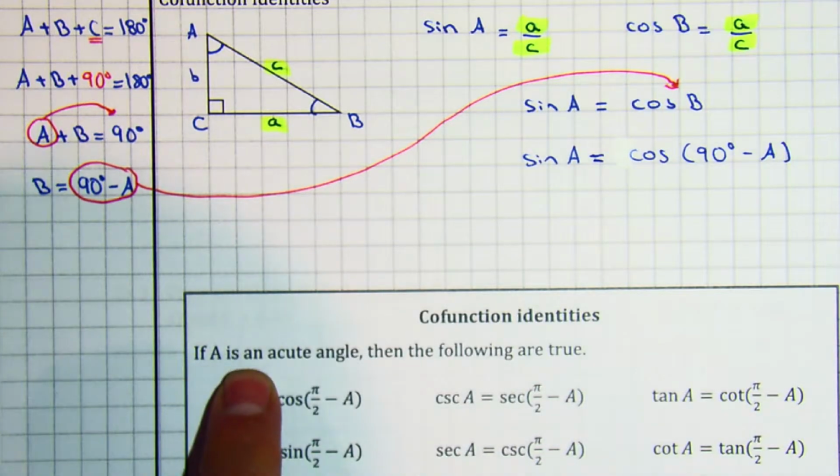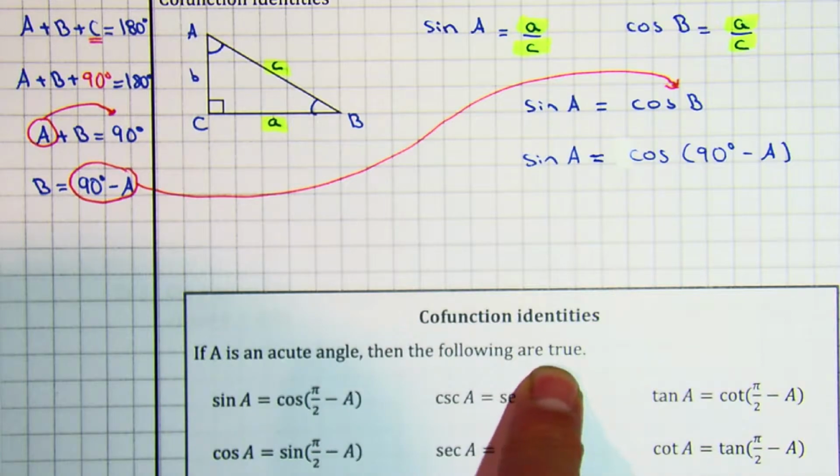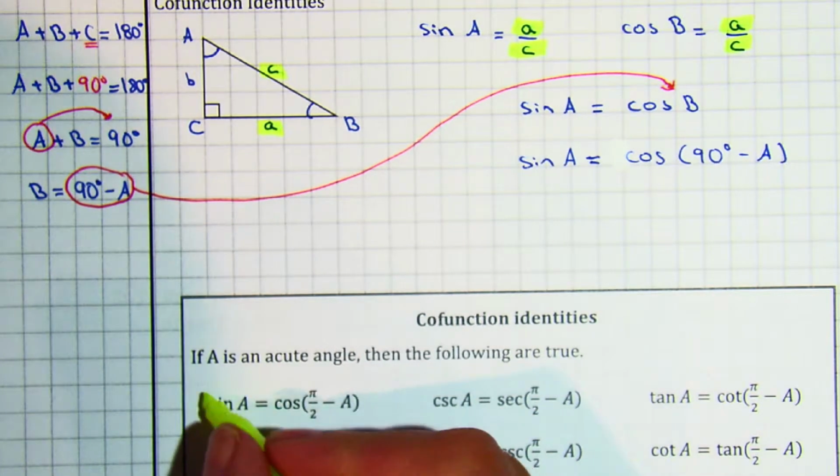So let A be an acute angle, then the following are true. And we proved the first one to be true.